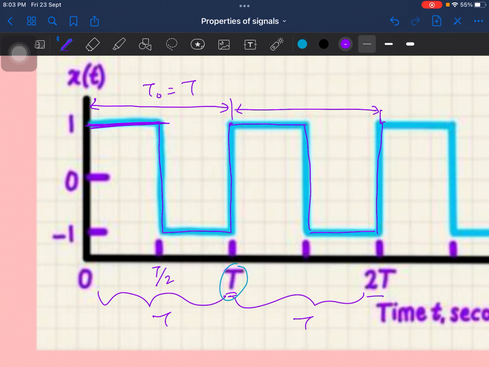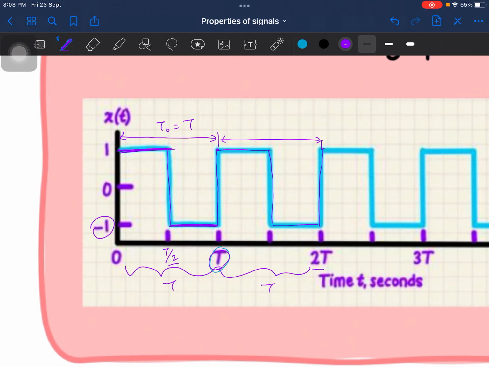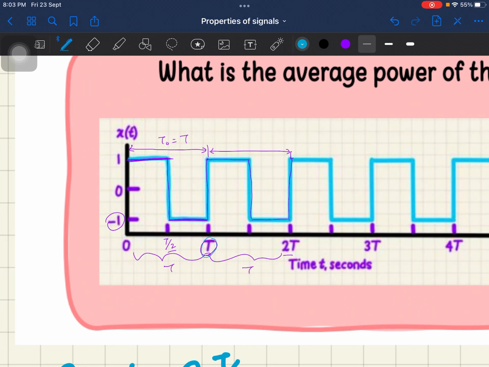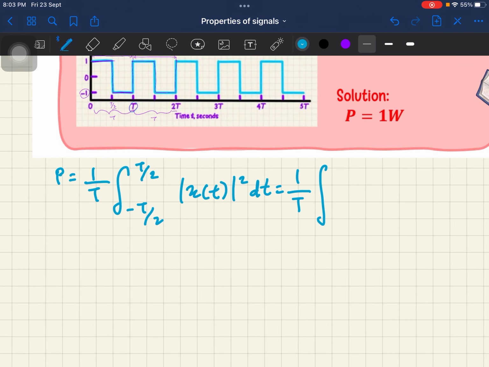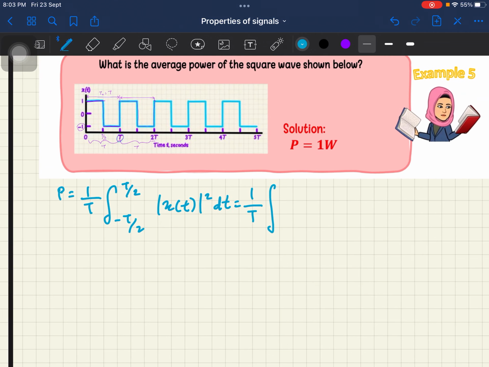And then from T over 2 until T, the amplitude of our signal is minus 1. Therefore we have to include this change in the amplitude in the equation as well.